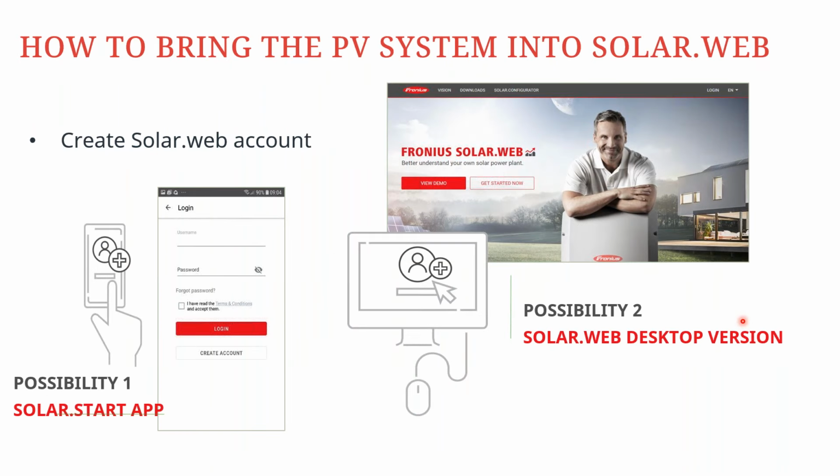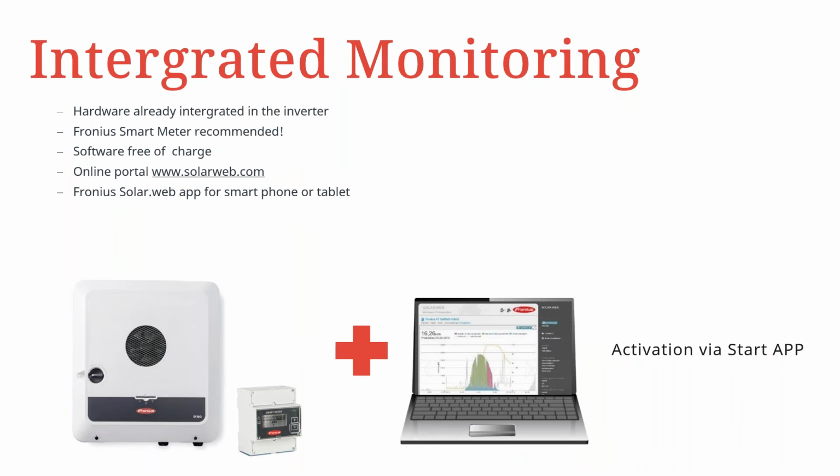So how do you now connect or register this system into SolarWeb? There are, of course, two possibilities. You have the mobile version and the desktop version. Either way, this would ensure that you're able to access the system. Good. So let's talk about the monitoring. Like I've mentioned, it is important for every Fronius installed system to have a smart meter, because through the smart meter, you will be able to have access to this monitoring platform.